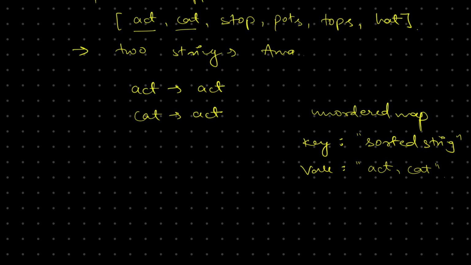So whenever multiple strings generate the same sorted key, they automatically go into the same group. So the core idea of the problem is to first sort the string, and then for grouping, we just store the original strings. So now we know the basic key idea of how we're going to solve this. So let's do a step-by-step approach.